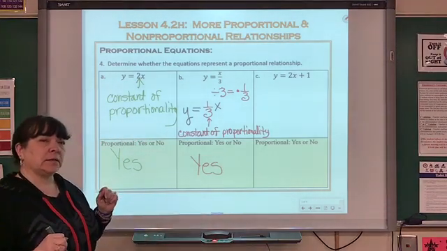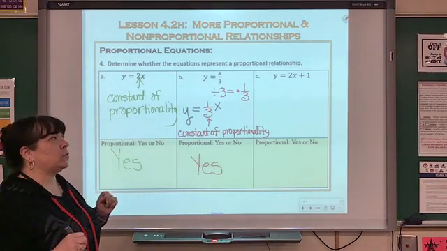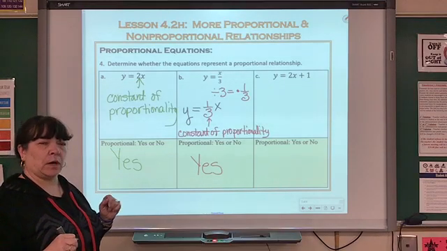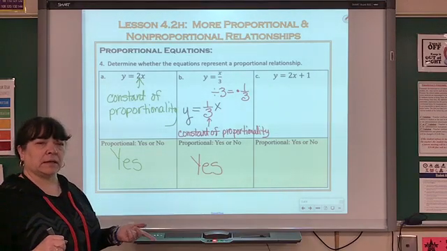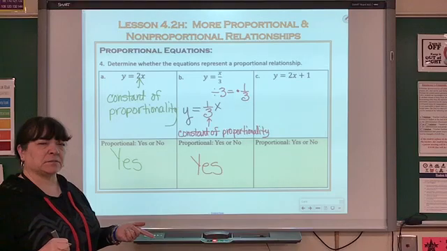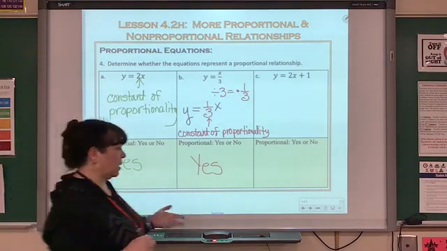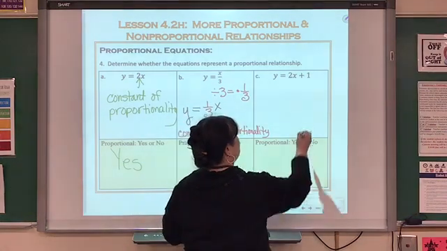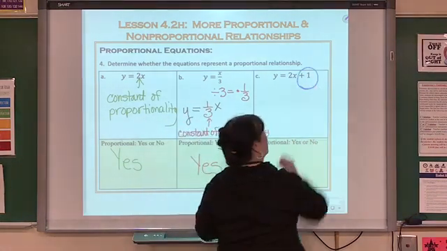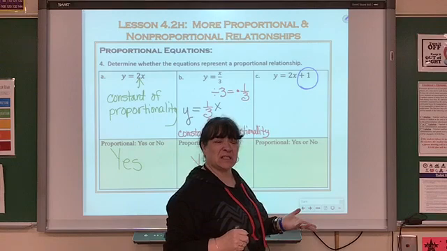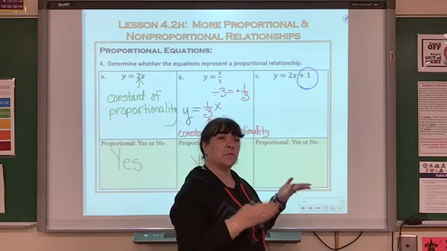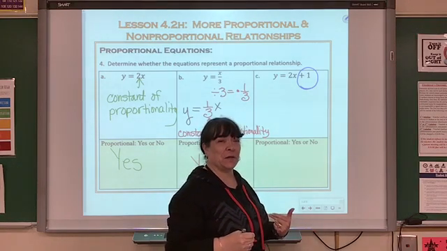My next one says y equals 2x plus 1. Wait a minute. 2x plus 1? That's not proportional. The thing about this one is the moment we have any extra stuff, that moves it off of being proportional.